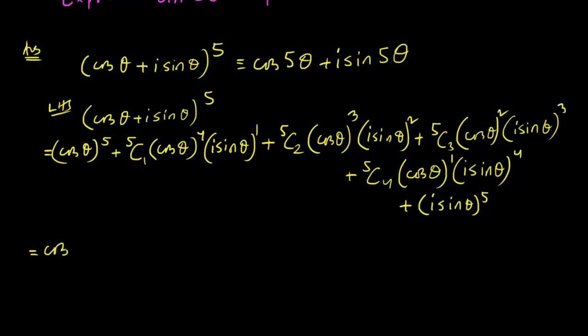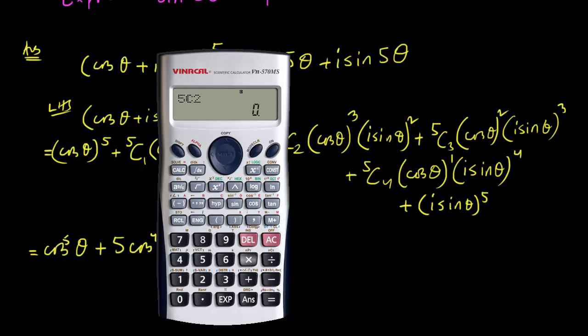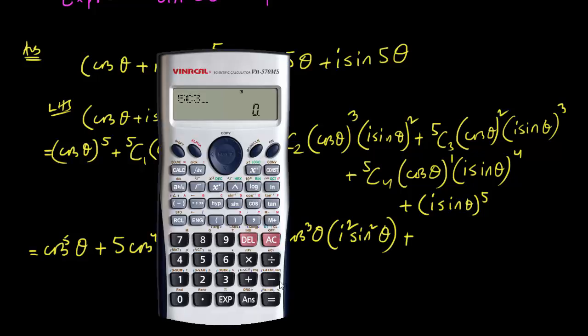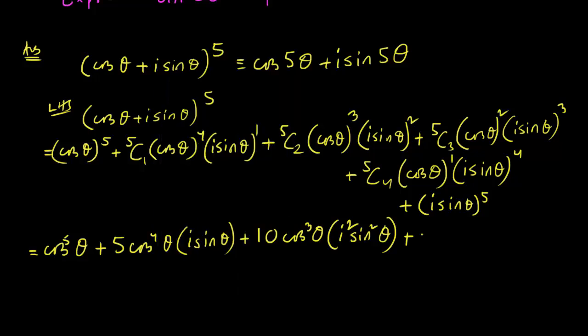So we can simplify this. cos to the power 5 θ plus 5C1 is 5 cos to the power 4 θ, and this is going to be i sin θ, plus 5C2, so it's 10. So we can write 10 cos cubed θ, and this is i squared sin squared θ, plus 5C3, and that turns out to be also 10.